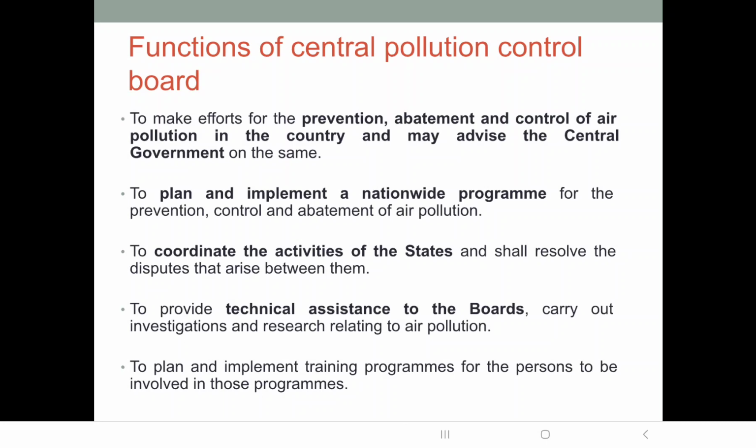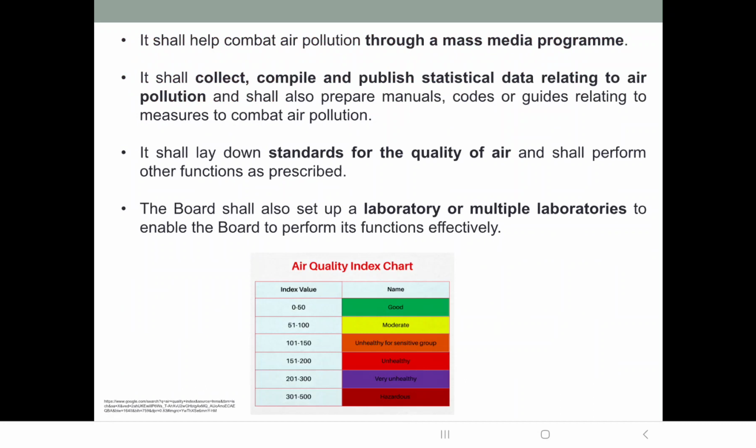Then plan and implement a nationwide program. Then coordinate the activities of various states, give technical assistance to these boards, state boards particularly. And also it can establish laboratories for research if it wants to. Then mass media programs, also publishing the statistical data.